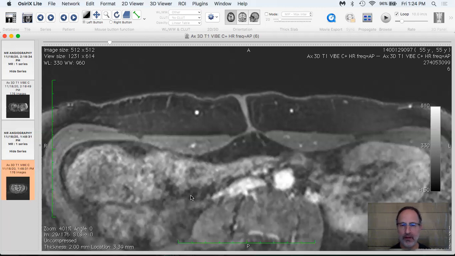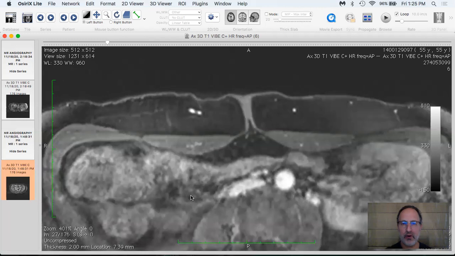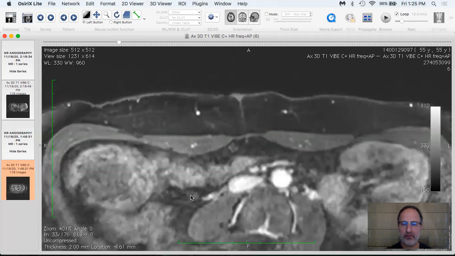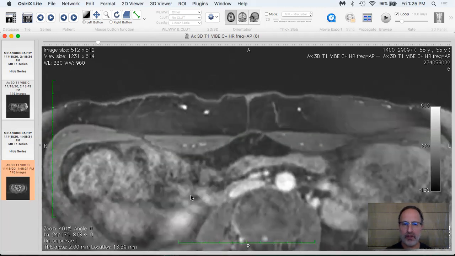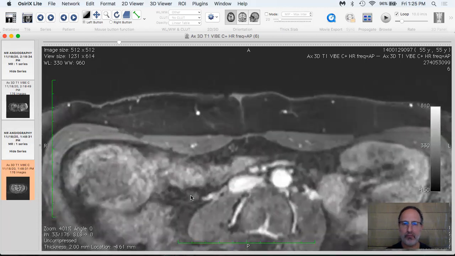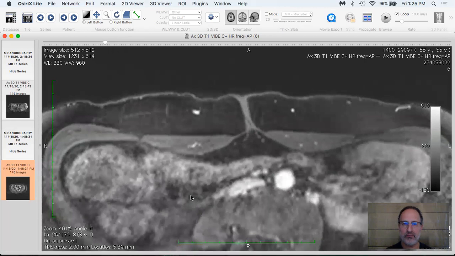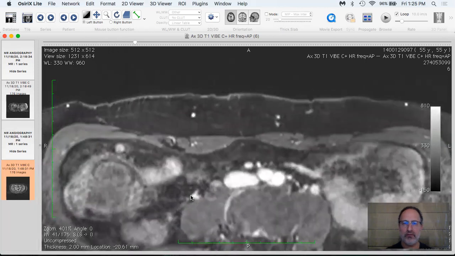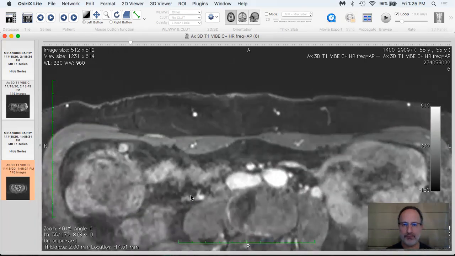Additionally, with the newer protocols reducing the amount of radiation given for just that same reason, the quality of the images with CT angiography is not really that great. So we developed the MR angiography protocol back in 2006, and we've been using it and honing it and developing it ever since. There are many publications that we have written on MR angiography.